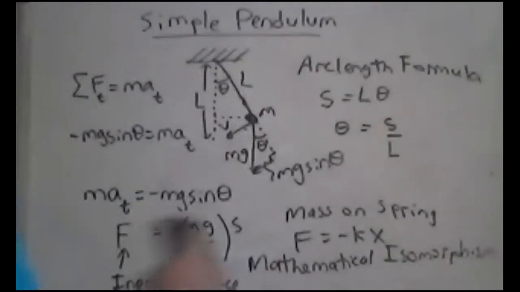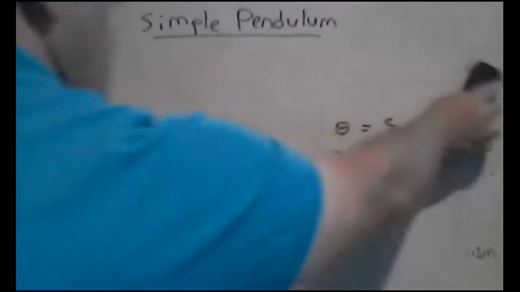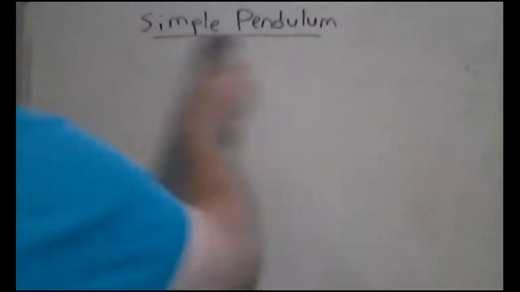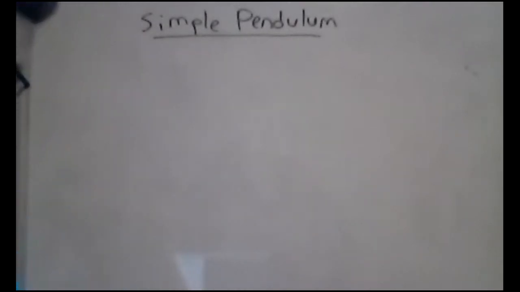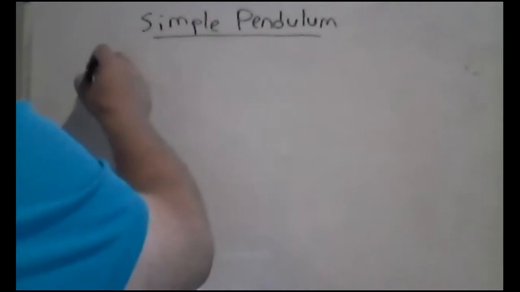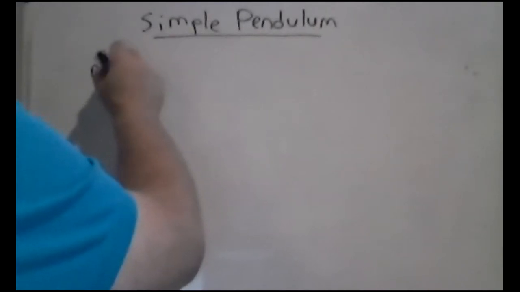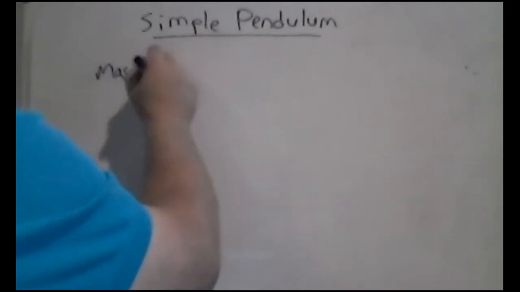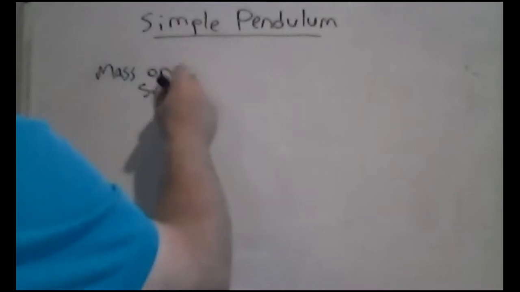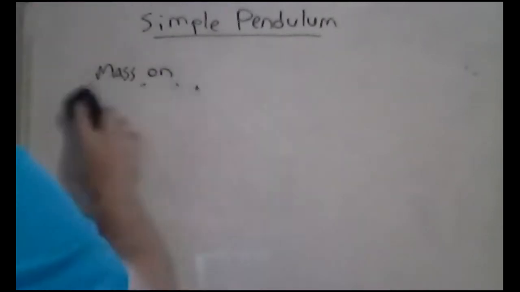All right, so when you see something like this, that's a very nice thing, because what you just got done doing is you saved yourself a whole bunch of work. I've already analyzed this problem. So what did I say of the mass on a spring? Mass on spring has particular formulas that are only relative to the mass on a spring.